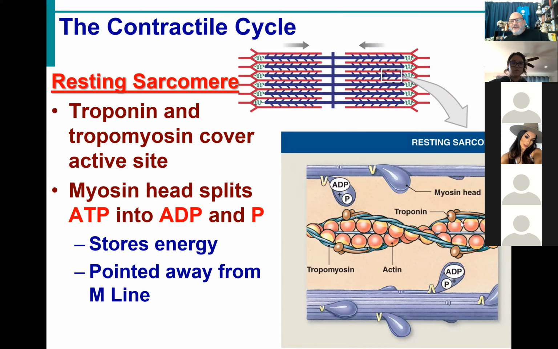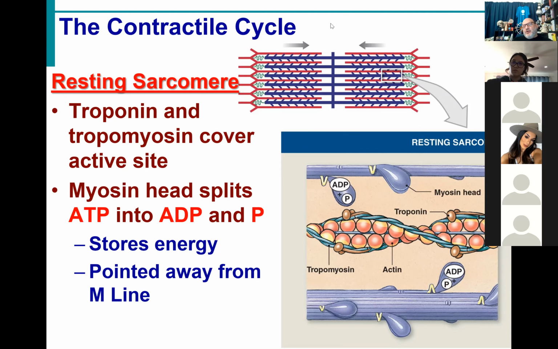And how do we get them to do work? What's the first step? Release the phosphate and make ADP. True, we had to do that to prime it, you are absolutely right. But while you're sitting here at rest, all those myosin heads are going to be primed, ready to do work.